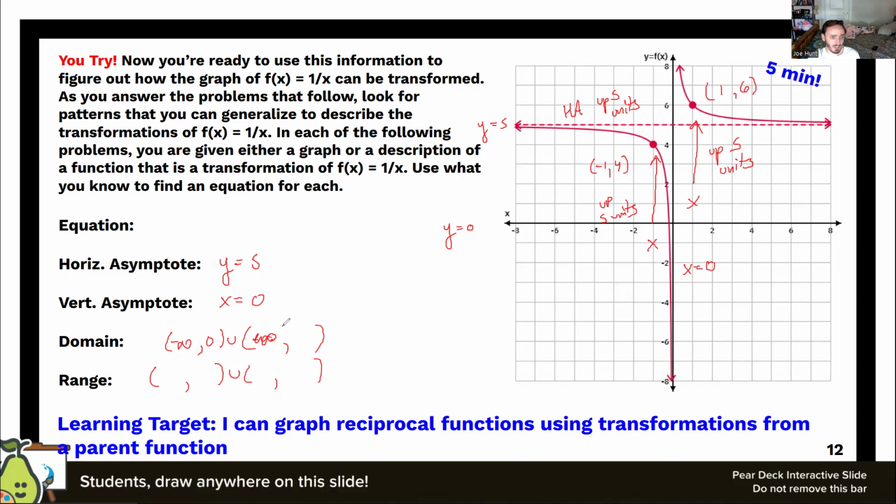It can go from negative infinity to 0, and it can go from 0 to positive infinity. It just can't include x equals 0. The range will be a little different though. I notice that I'm hitting all the y values except 5. So I could go from negative infinity in the y values up to 5, and then I could go from 5 up to positive infinity. So everything is pretty much the same except the fact that it's gone up 5 units, and that changes both the horizontal asymptote and the range.